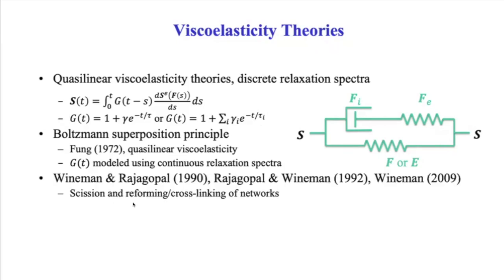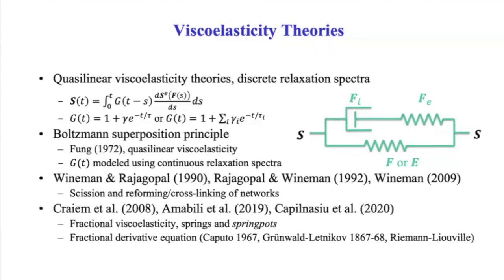So now, one of the things which is interesting is that, of course, quasi-linear viscoelasticity is a very powerful theory for finite deformation. Unfortunately, it doesn't work for biological tissues. You look at most biological tissues, they're not quasi-linear, they're nonlinearly viscoelastic. So other people have proposed different ways to do viscoelasticity.